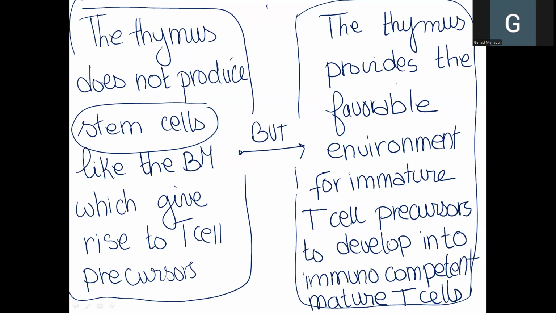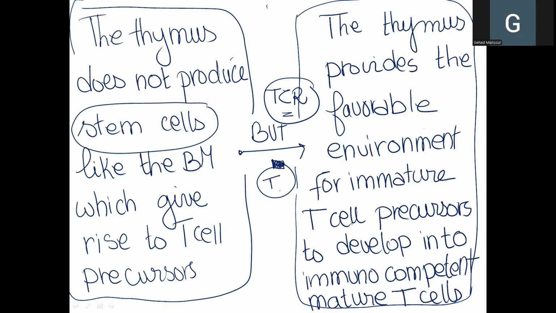But as you know, the environment is very important for the development of traits or characteristics. So even if the T lymphocyte has the genes for formation of the T cell receptor, if it stays inside the bone marrow, it will not find the suitable environmental conditions that allow those genes to be expressed and the TCRs, or T cell receptors, to form on the cell membrane of the T lymphocytes.